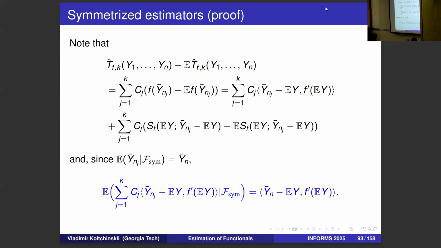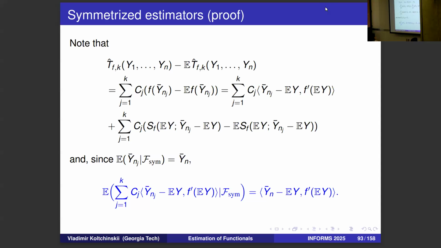This is the case because if you write the expectation of y1, or of any of our variables yi, with respect to the sigma algebra F sim, so this is the projection of yi on symmetric random variables, the answer will be y n bar.